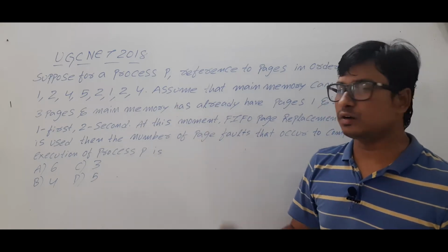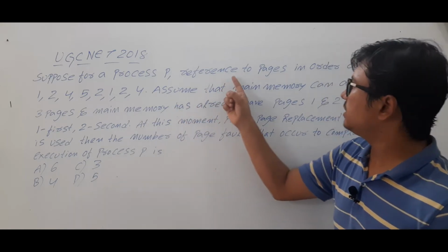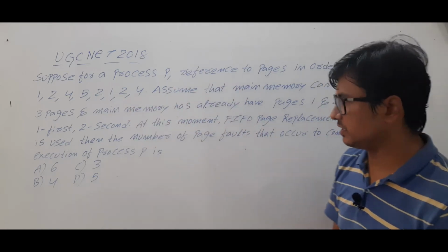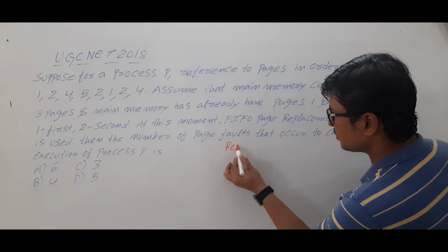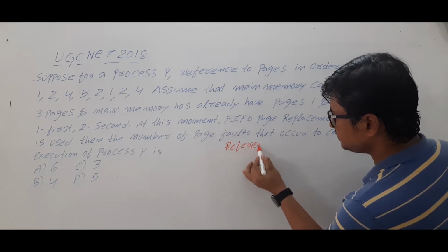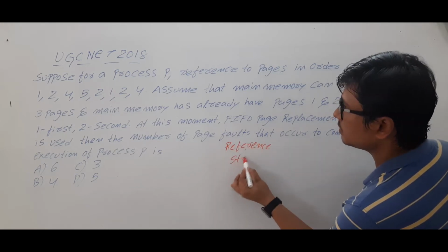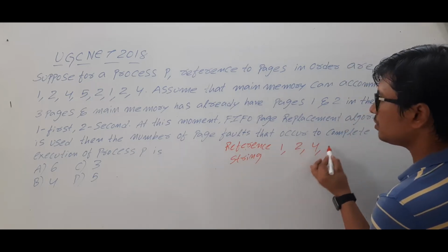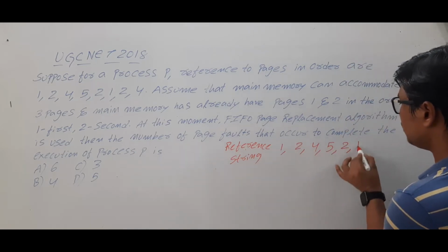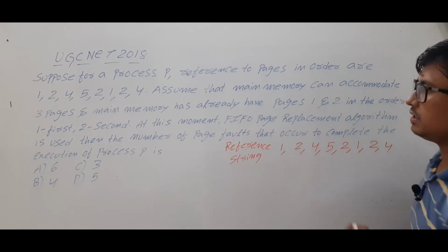If you look at the question carefully, they are saying that this is the reference string. So what is the reference string? Reference string is 1, 2, 4, 5, 2, 1, 2, 4. Is it clear?